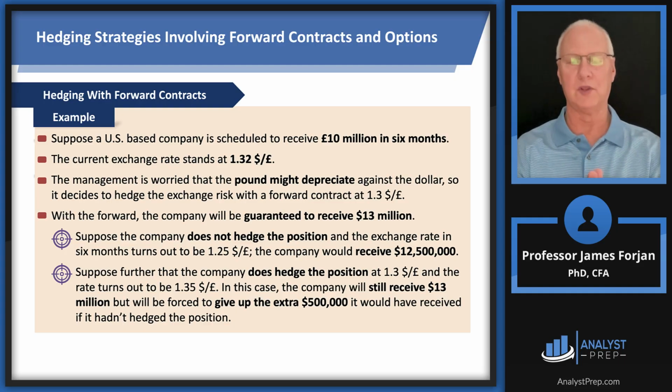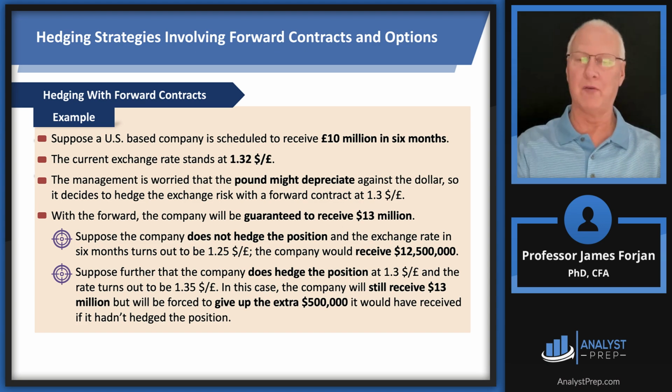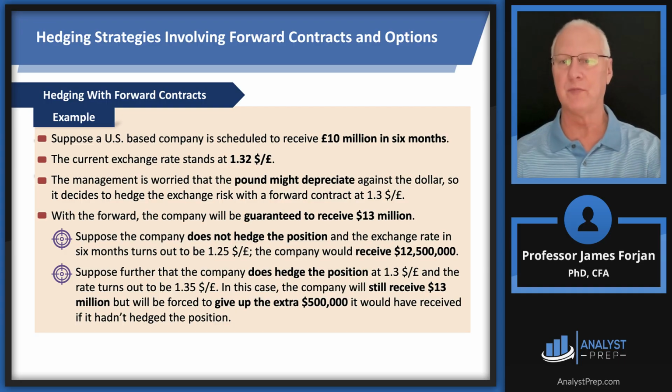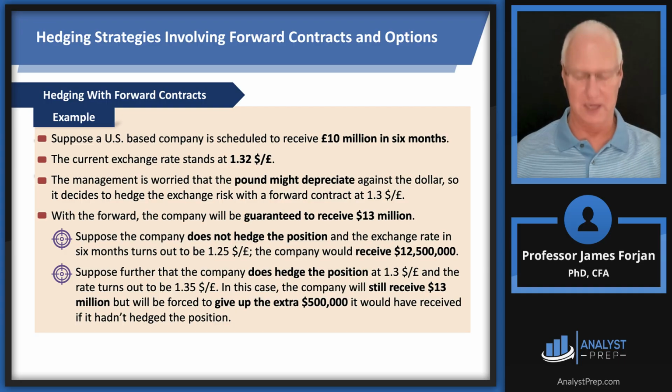So regardless of whether the exchange rate goes above 1.3 or below 1.3, there's going to be a loss or a gain in the derivative market that's going to lock us in to get us back to that 13 million.